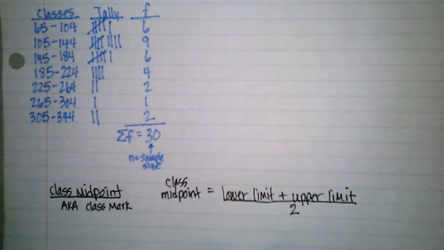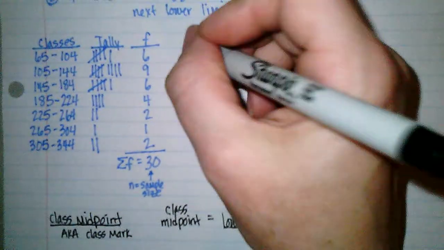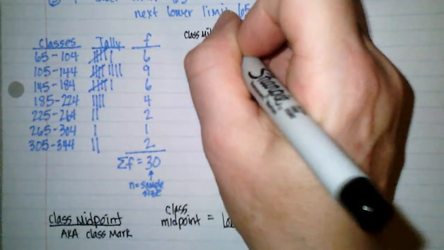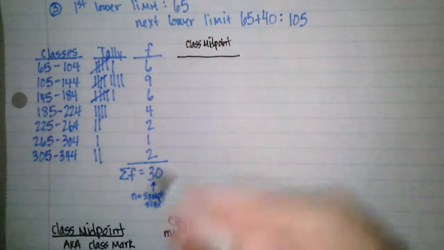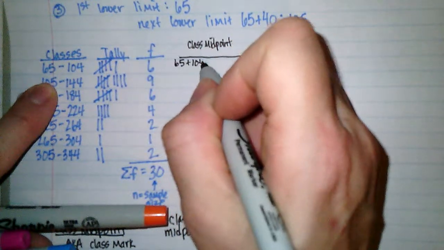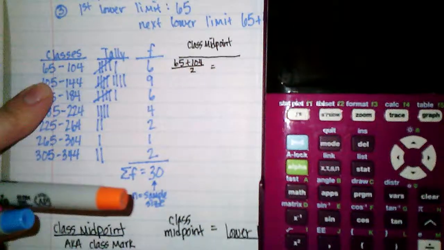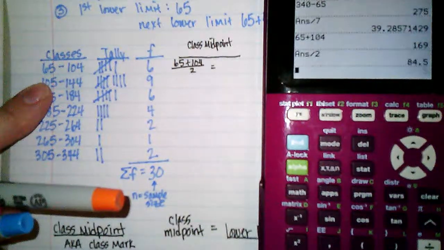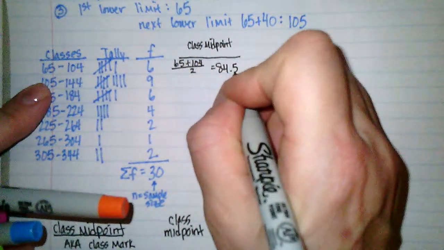So we'll make a column for that, and I'll show you what's going to happen. So we'll have a class midpoint. You take the lower limit, 65, plus the upper limit, 104, and divide it by 2. So 65 plus 104 is 169. Divide by 2 is 84.5. So my class midpoint is 84.5.